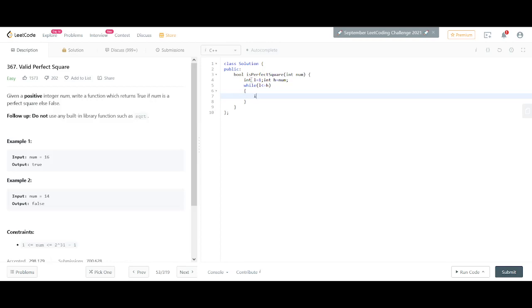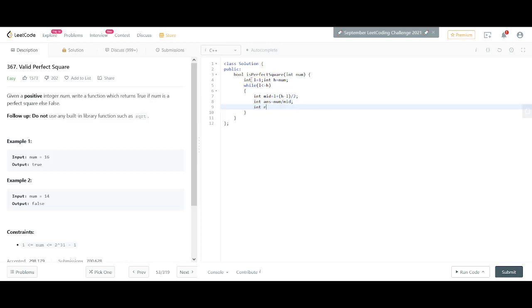So int mid is equal to low plus, to avoid overflow, we usually do it like this. And what we try to do is int answer, which is the num divided by the mid value, right?